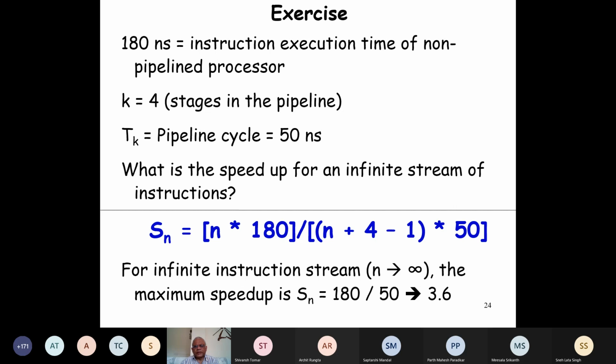So it will be n into 180. This is the formula we had discussed, n plus 4 minus 1, but because n is very large we'll just ignore it here, and therefore it is 180 by 50, which is 3.6. Please work this out.